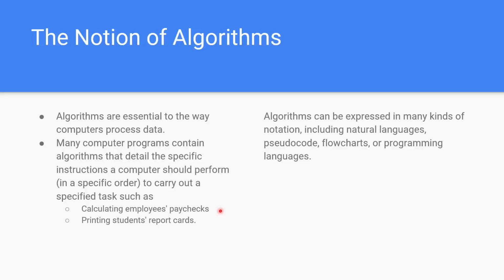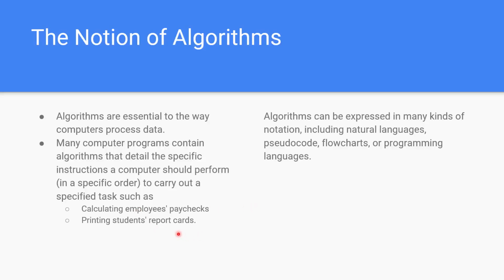Same idea here with calculating employee paychecks. There are a set of rules. There are a set of business rules that a person could do, but we don't always want a person to do it. We want the computer to do a lot of the work for us. So we will actually define those rules and then build a program that actually implements those rules.